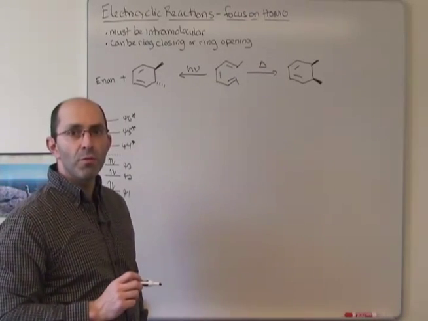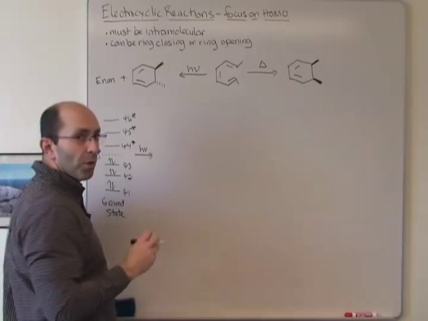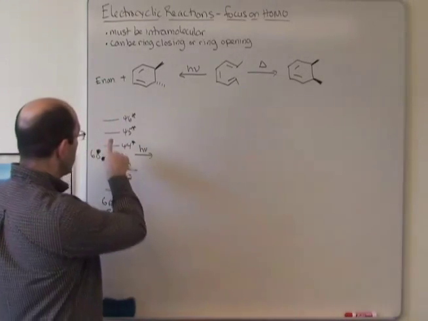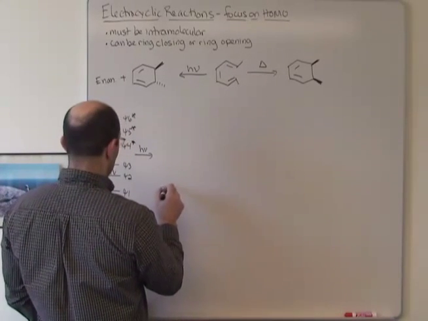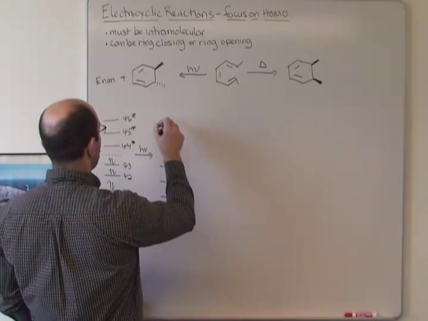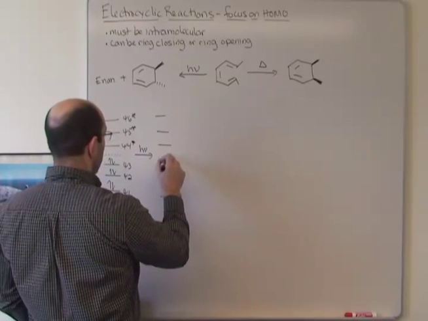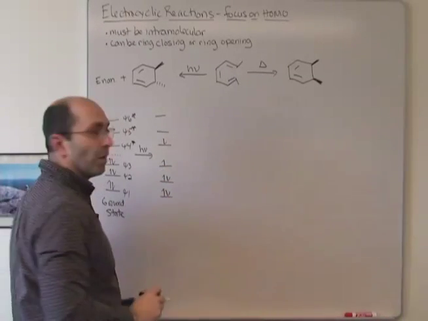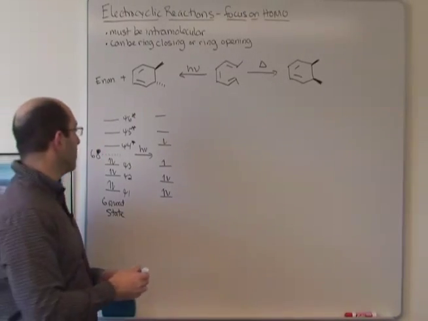We also know that if we shine light on this, we're going to promote one of the electrons to the lowest anti-bonding orbital. So it's going to look like that. And again, the key for us is to recognize what the HOMO is.